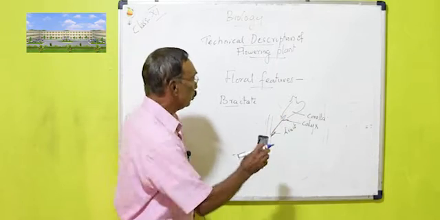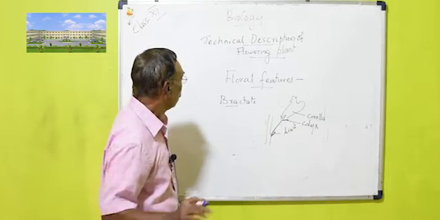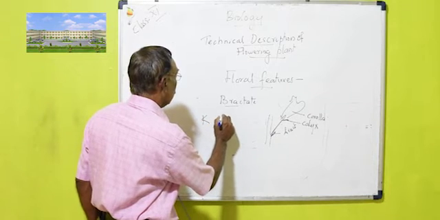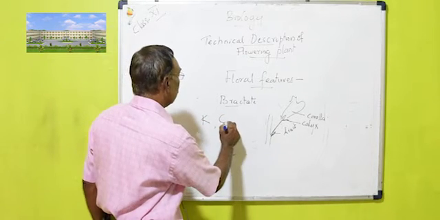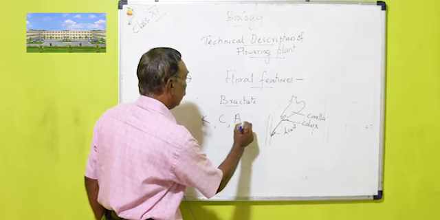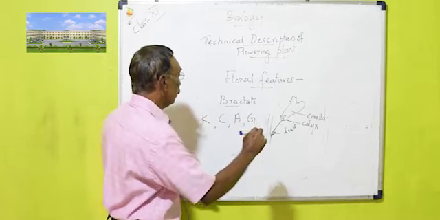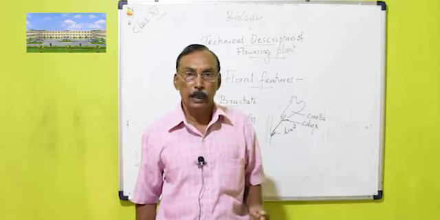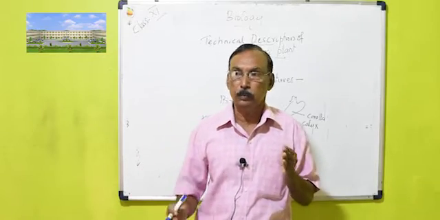The symbol for calyx is K, corolla is C, androecium is A, and gynoecium is G. Also you studied that a flower can be actinomorphic or zygomorphic.